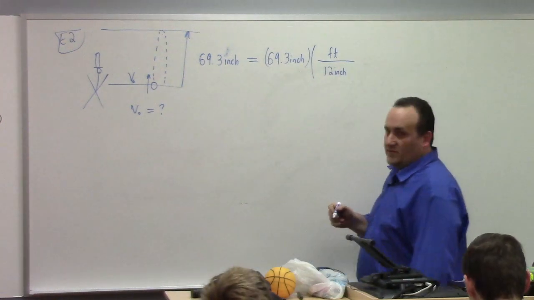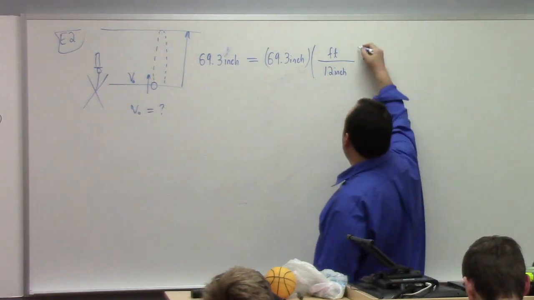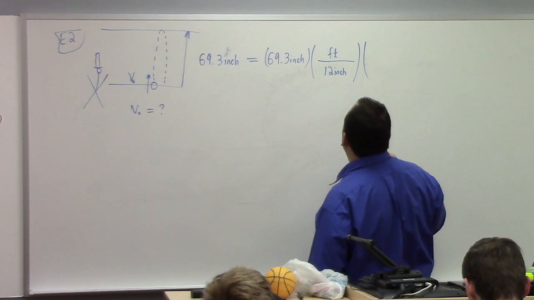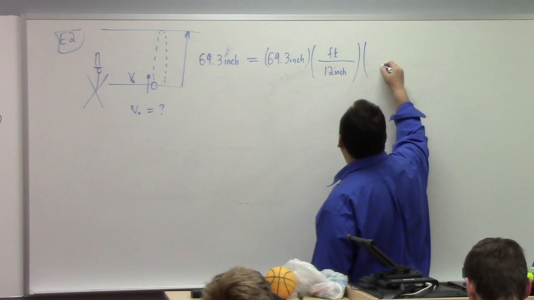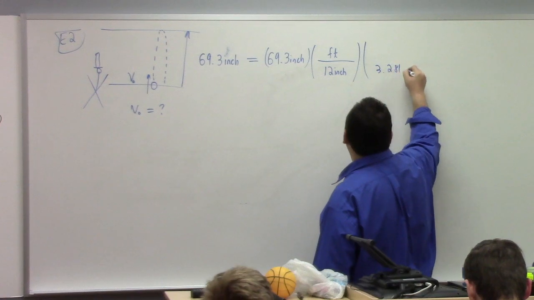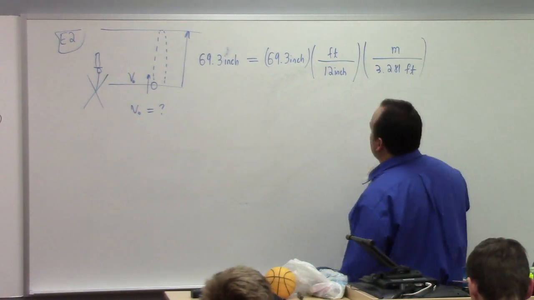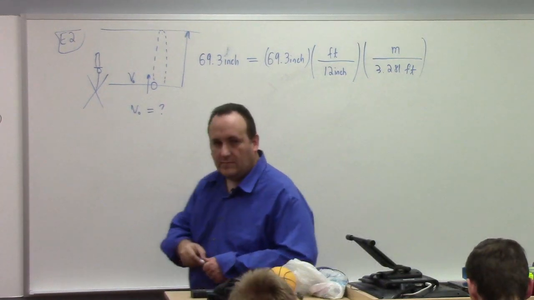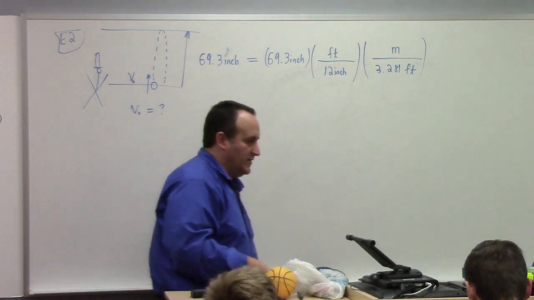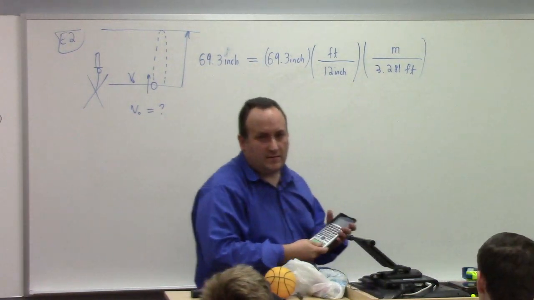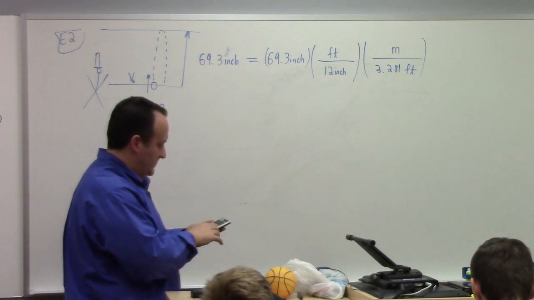So 1 foot is 12 inches, right? So we can multiply by 1. And if I want to convert feet to meters, I happen to know that 3.281 feet is 1 meter. So those are conversion factors that we can change units on, right? We just multiply by 1. And these things you have to look up somewhere.